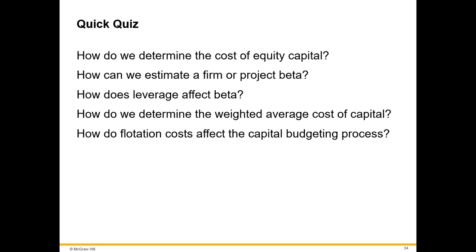What factors affect it? Then we talked about the dividend discount model as an approach to determining required rate of return, but most people use the CAPM method, okay? We talked about being careful that you don't use the same rate all the time to discount projects, because you might find yourself in a trap of you're accepting things you shouldn't, or you're not accepting things you should.